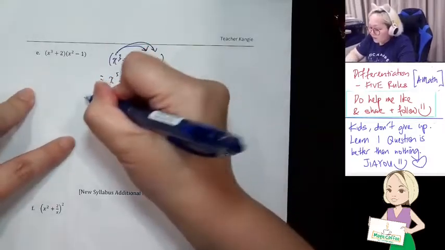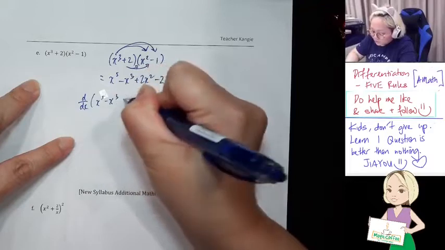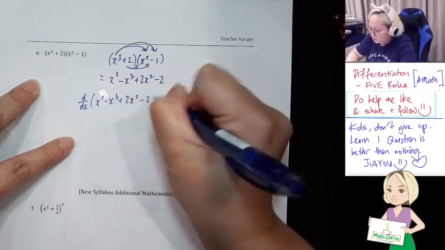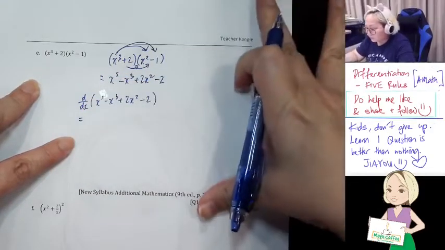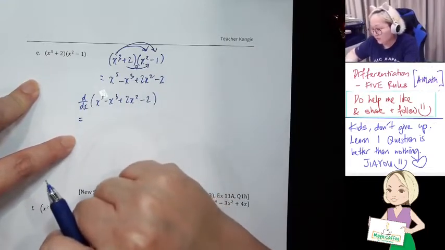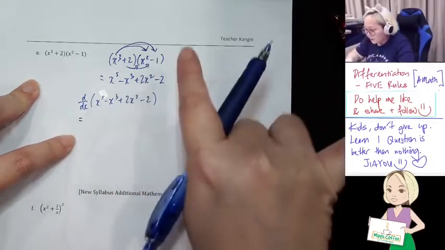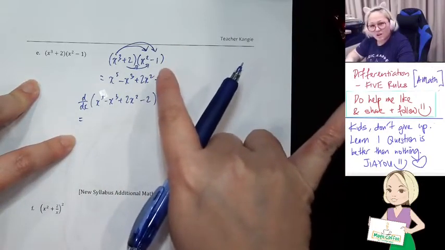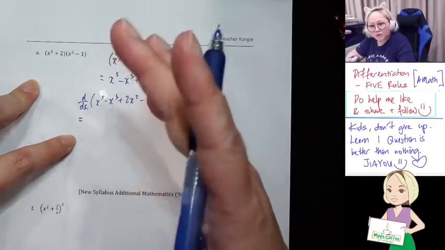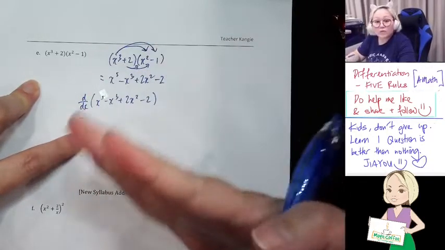So now I'm ready to differentiate. Let's differentiate this: x to the 5 minus x cubed plus 2x squared minus 2. Yes, this one is AMath Sec 4 differentiation. So let's differentiate using our rule 1.